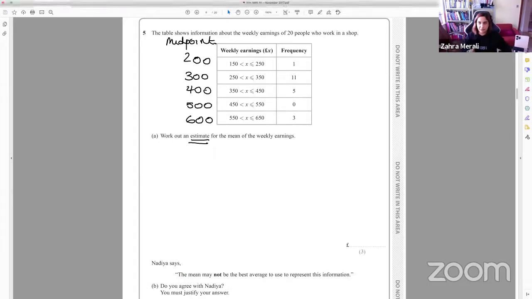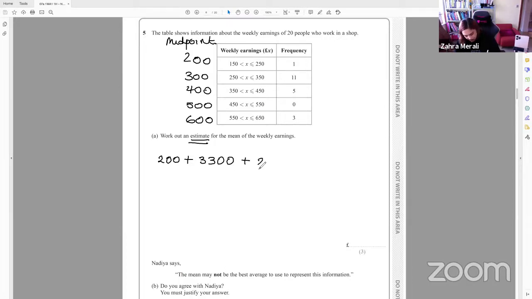So we're going to have 200 times 1, which gives us 200, plus 300 times 11. So do 3 times 11, which gives you 33, and add the 2 zeros. 400 times 5, so 4 times 5 is 20, and our 2 zeros.